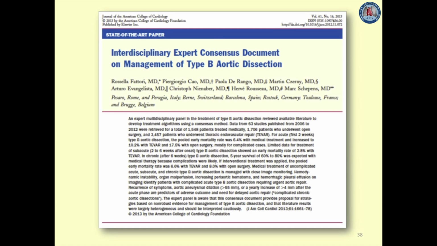The complication-specific approach has been followed widely, and it is also presented in this interdisciplinary consensus document, where medical management is recommended for uncomplicated type B dissections, and intervention is recommended for instability or other complications.